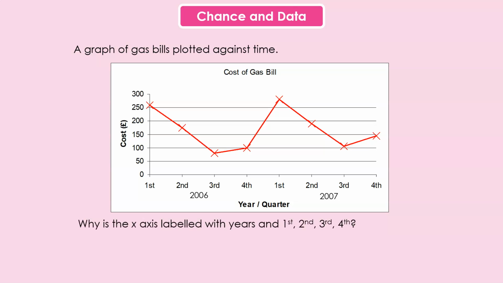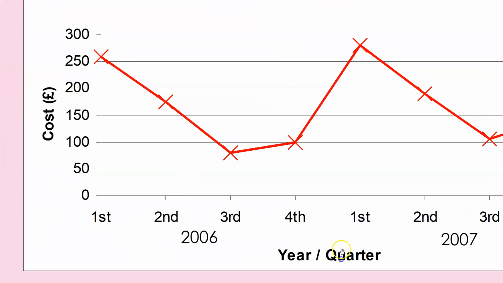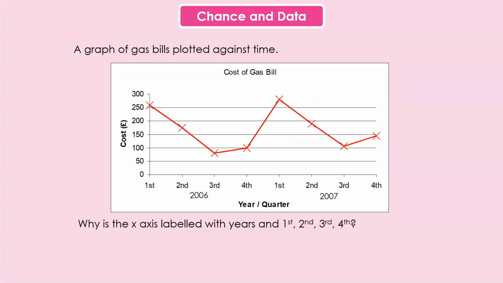So the first thing we need to think about is the labeling and how it works. Why is there a first, second, third and fourth? We can clearly see that from the title. We've got the year, we've got the quarter.